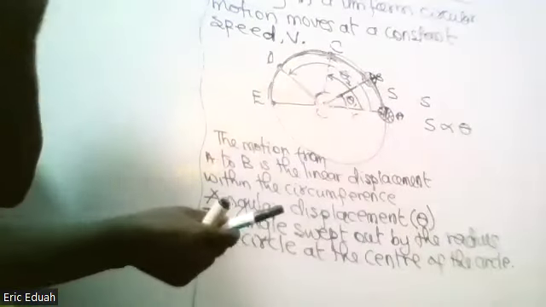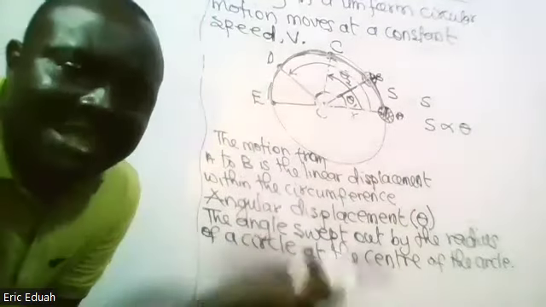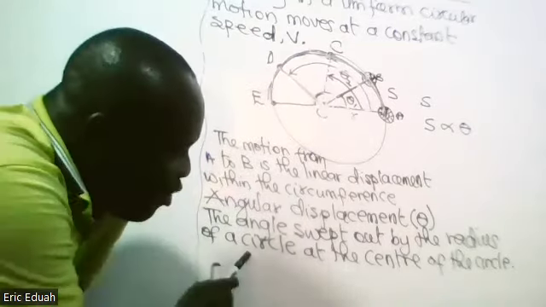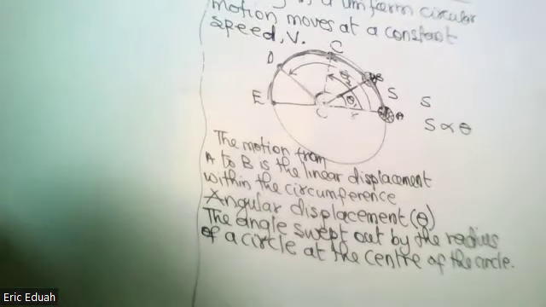And this angle, which is described or swept out by the radius of the circle at the center, is what we refer to as the angular displacement, represented by the symbol theta.